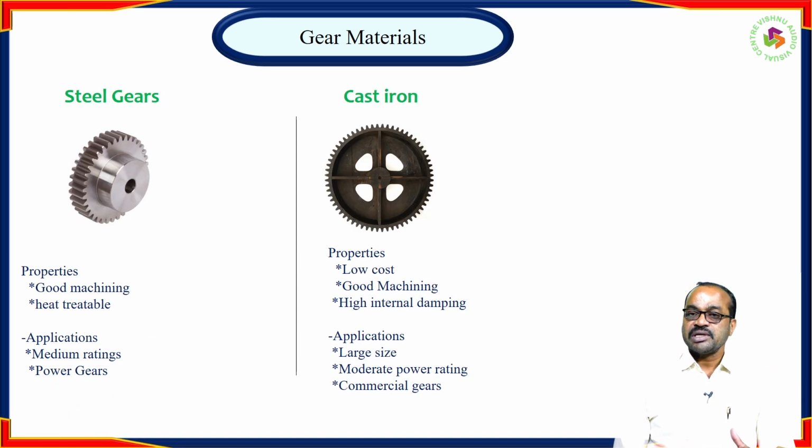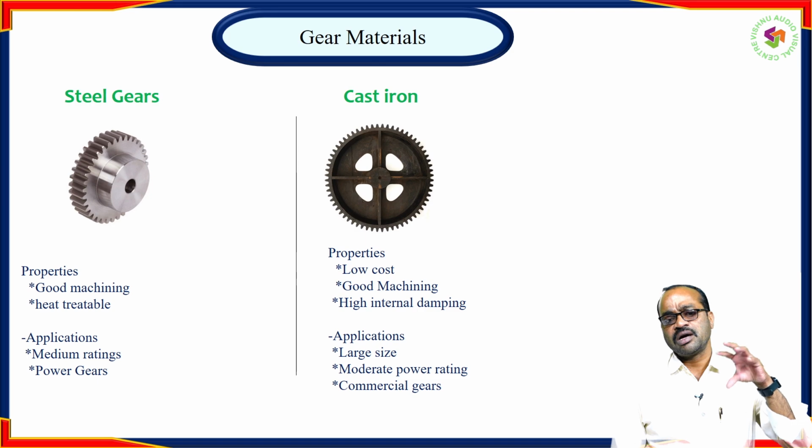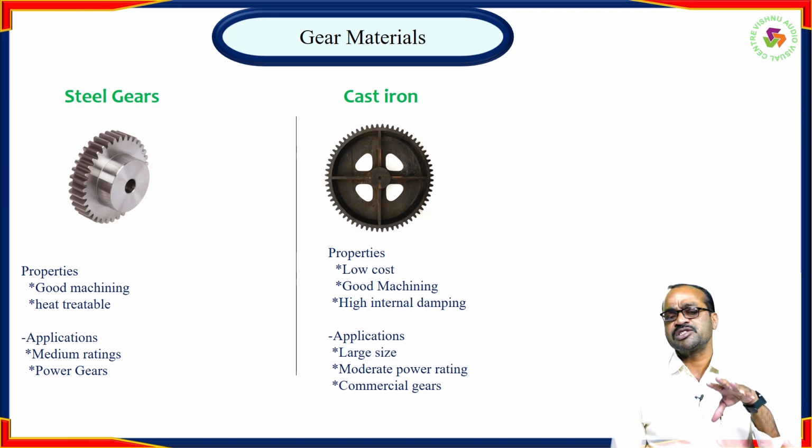The third type is steel gears. It has good machining and is heat treatable. Heat treatable means, you may have an idea that when you are fabricating a part through casting, we will get some casting defects like blowholes, right? Blowholes form because of gas retained in the cast part.